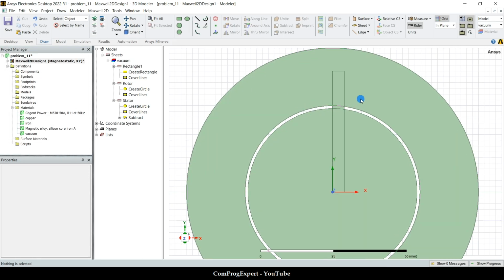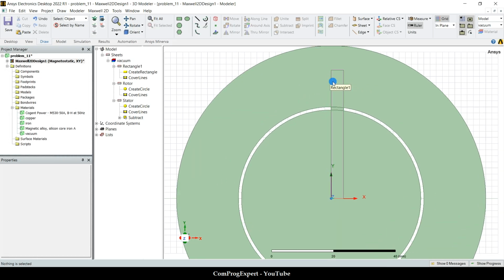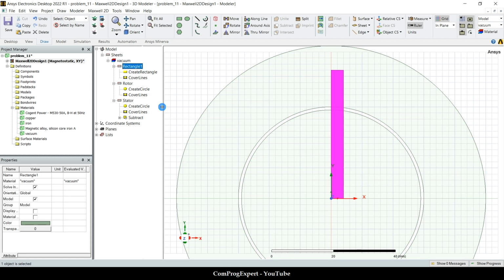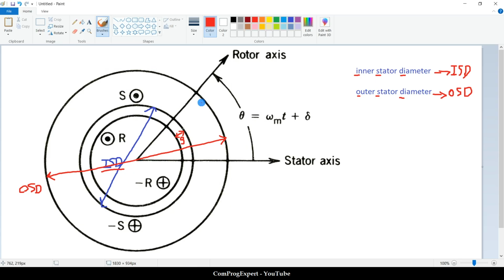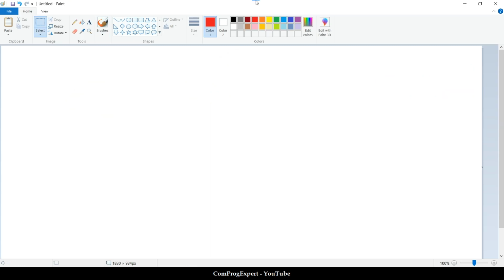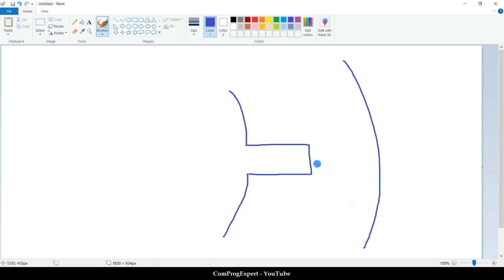We should specify the width of the slot. If I want to cut one slot from the stator, we can consider this rectangle to cut one slot from the stator.